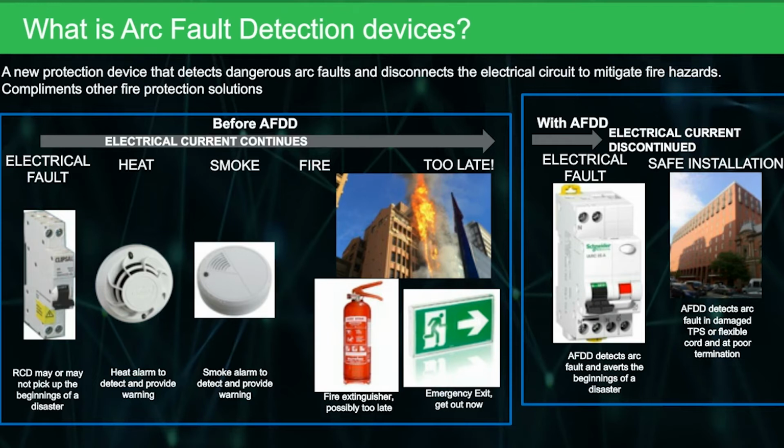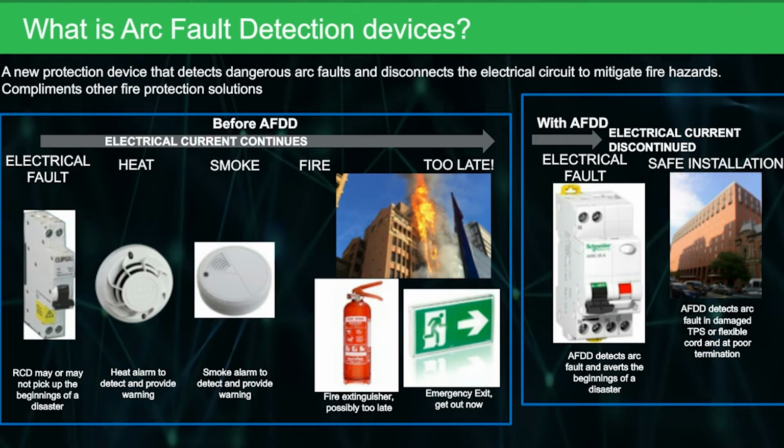Hence I've got a before AFDD situation where the electrical current continues, or with AFDD, you basically cut off that electrical fault at the very early stages. So minimal damage and maybe no damage at the end of the day, other than to the cord set.